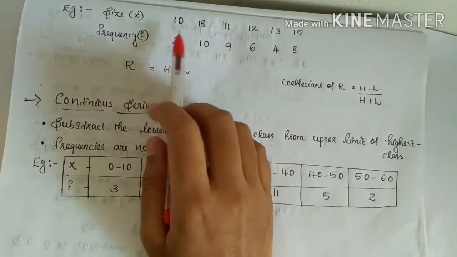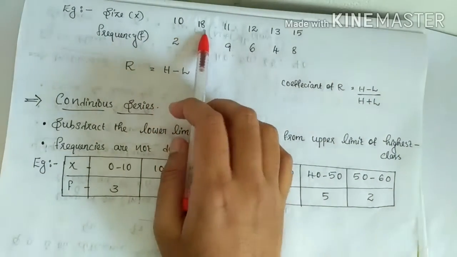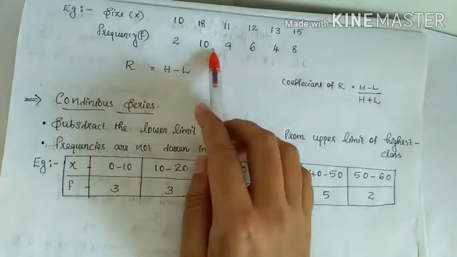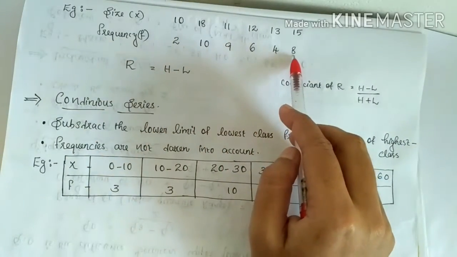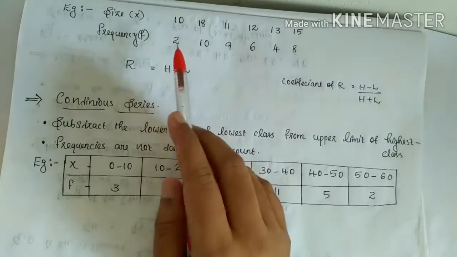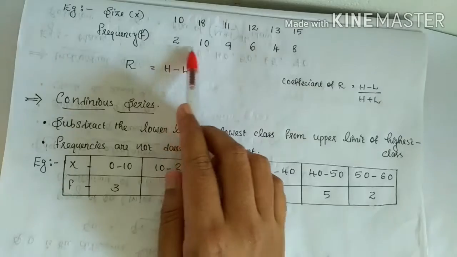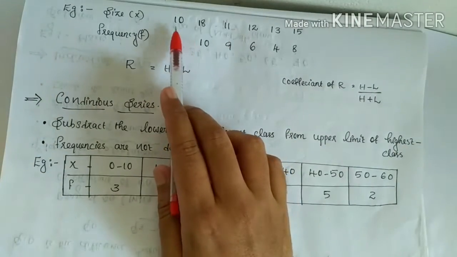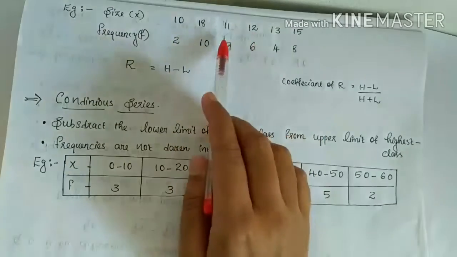In this example, the values of x are 10, 18, 11, 12, 13, 15, and the frequencies are 2, 10, 9, 6, 4, and 8. The first thing is that in the case of discrete series, the frequencies cannot be taken into account. We have to focus on the x values only.